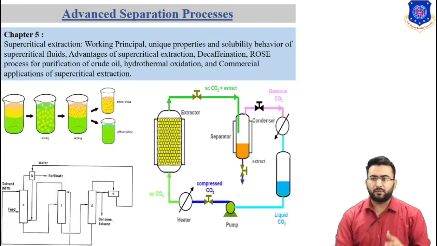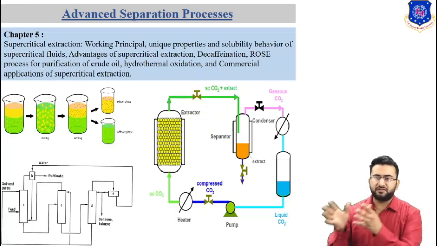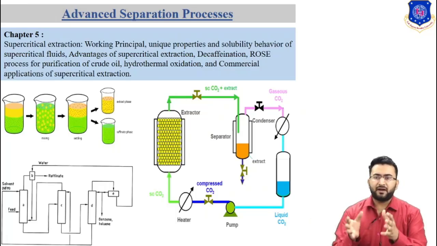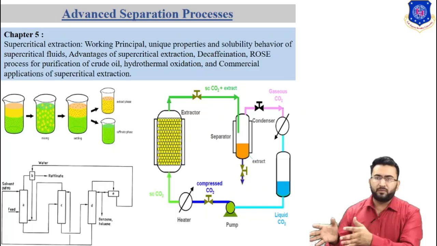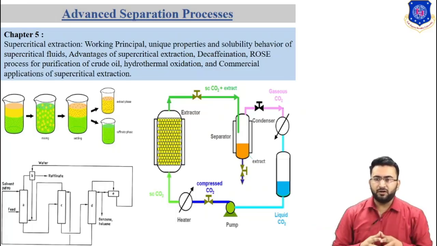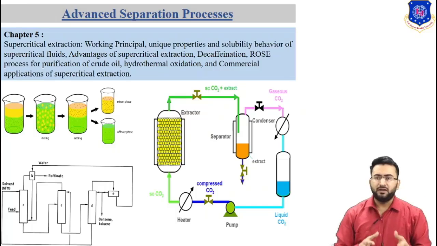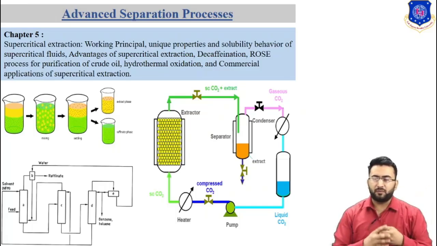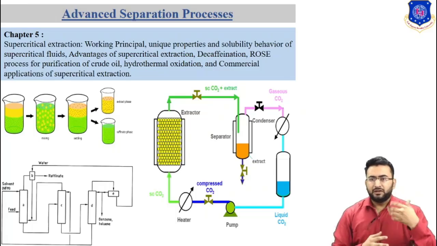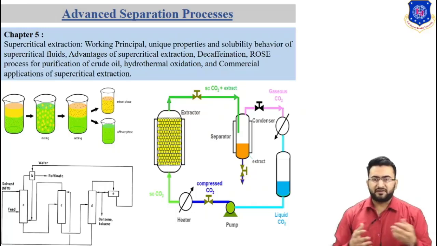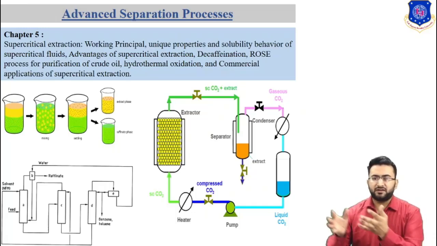Then we'll talk about chapter number 5, which is supercritical extraction. In liquid-liquid extraction, as discussed in the previous section, we require one solvent that separates either component A or component B, and after that we have to do distillation. But if we choose a supercritical fluid instead of that solvent, then we eliminate the distillation portion from liquid-liquid extraction. So the liquid-liquid extraction process is replaced by the supercritical extraction process, which overcomes various problems related to liquid-liquid extraction.